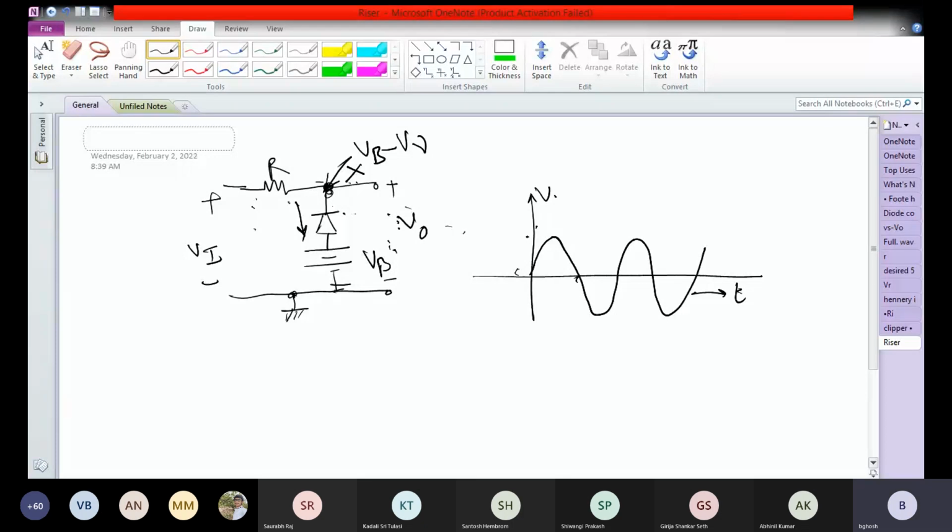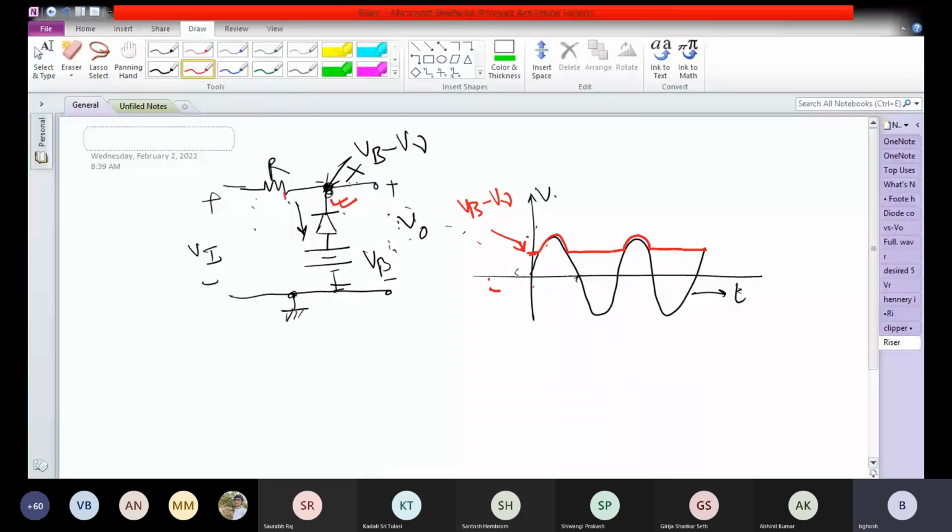So the output voltage will be, so when the output voltage is more than VB minus V gamma, because this is connected to the N side.